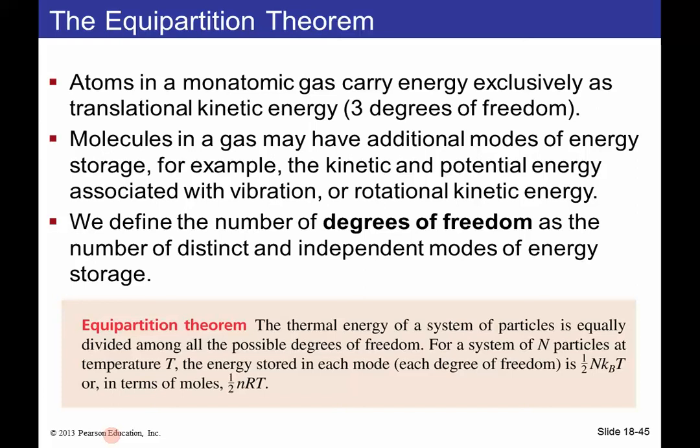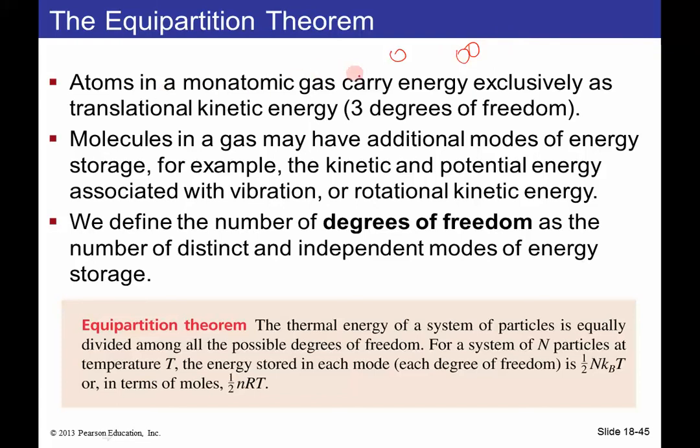The energy of a gas is related to the degrees of freedom. What is a degree of freedom? For instance, a single particle has 3 degrees of freedom, x, y, and z. Now, that's a monoatomic particle. A diatomic particle has 3 degrees of freedom, x, y, and z, plus 2 rotational degrees of freedom. So it has 5 degrees of freedom.